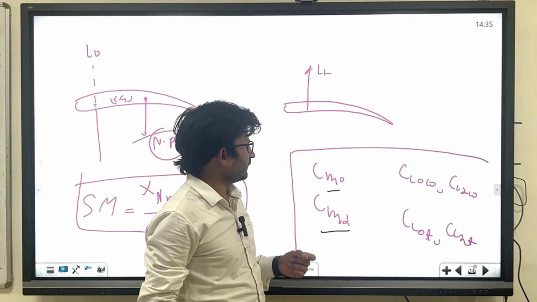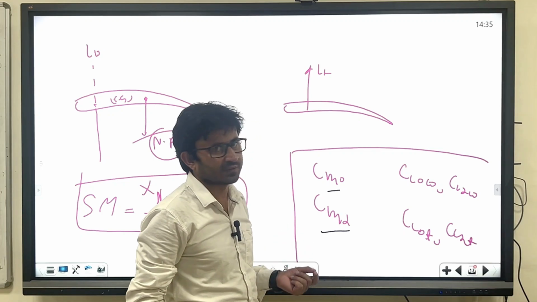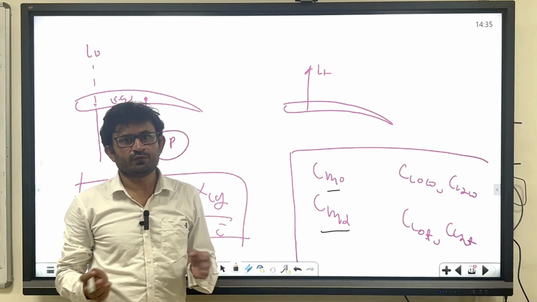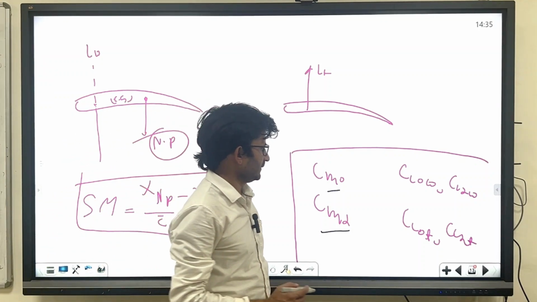So now we can find out the total CL naught and total CL alpha, coming from the wing and after placing the tail.